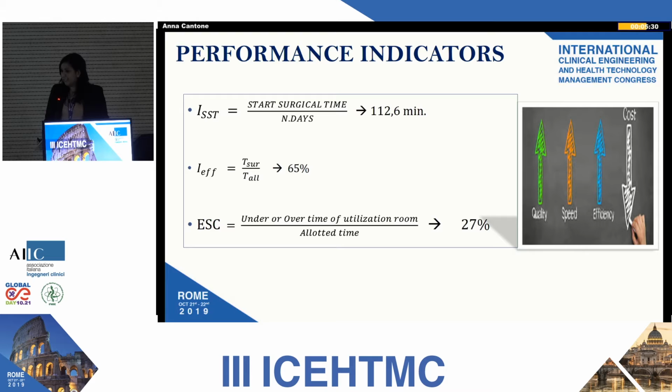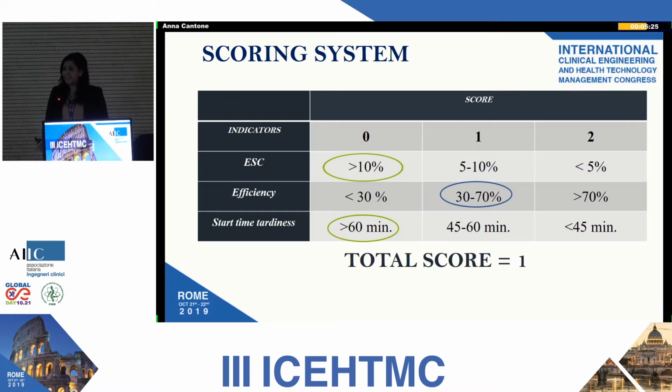Every indicator has a threshold value, and thanks to this threshold value, we can see that this operation block isn't very performing. In fact, it had a score of 1 point, while good operations management in an operating block has to score between 4 and 6 points.